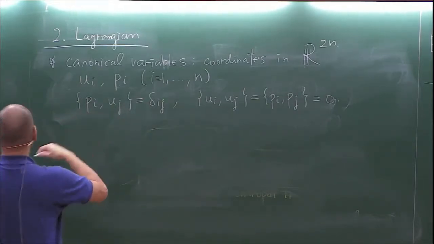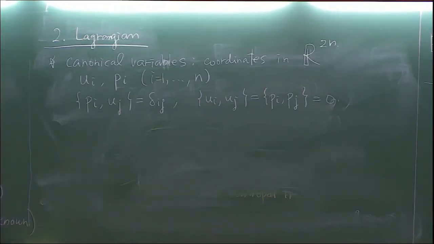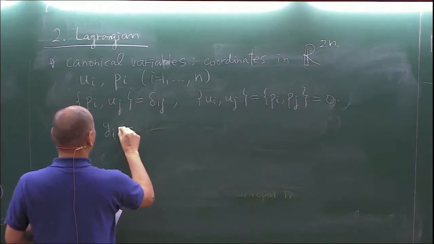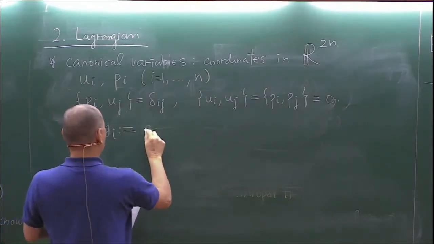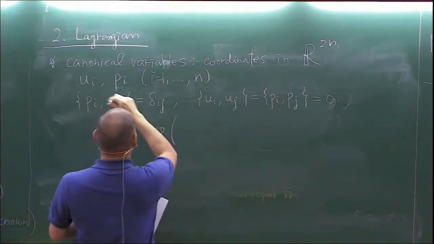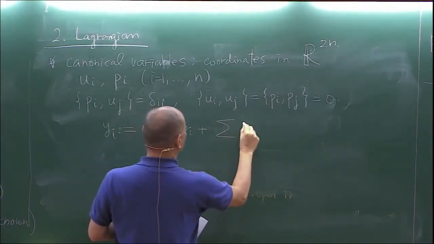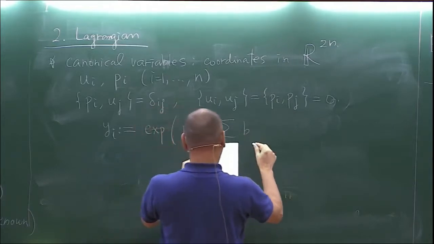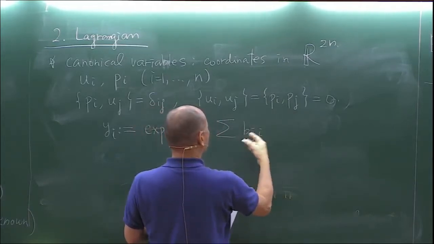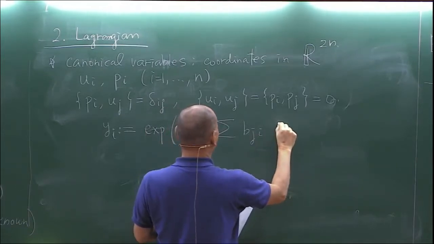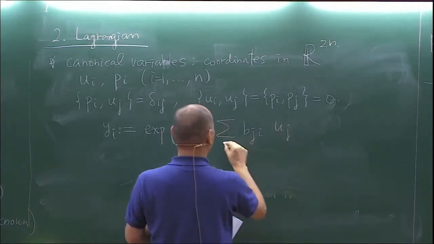Now I want to connect with these things, and you can actually construct this y variable from this u_i and p_i by the following simple formula. We define it from this, using the given skew-symmetric matrix entries B_ij, but this time used in this setting like this.